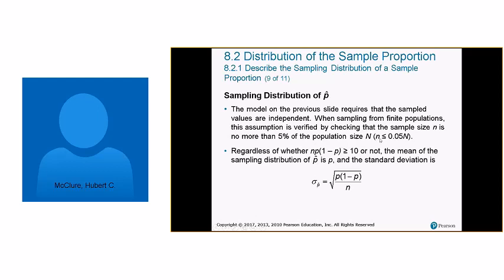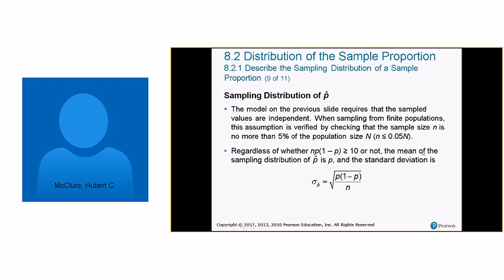So write that down. Little n has to be less than or equal to 0.05, there's that nickel rule, 5% of big N. And they'll give you an example. And npq is greater than 10.